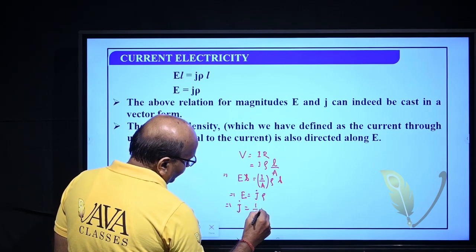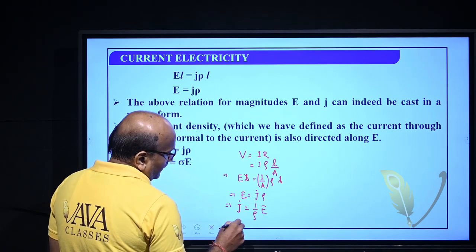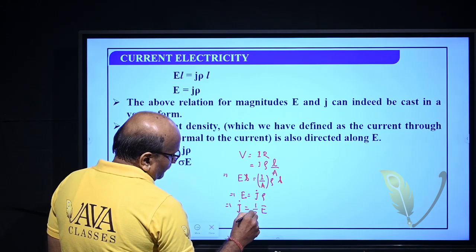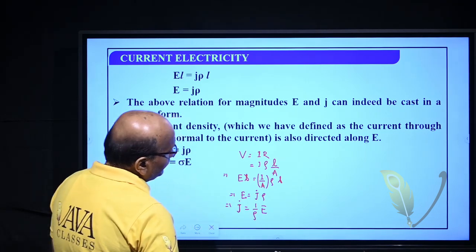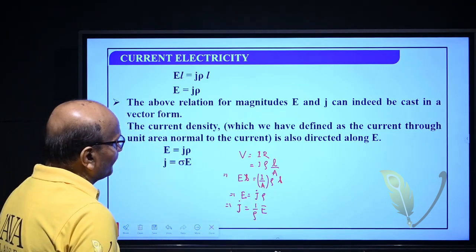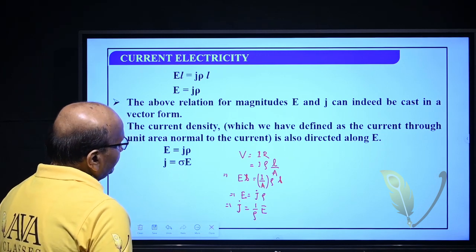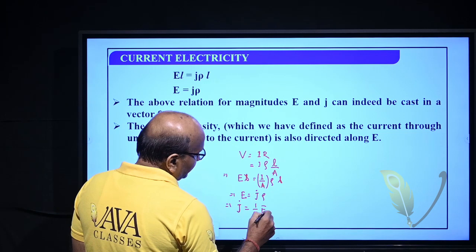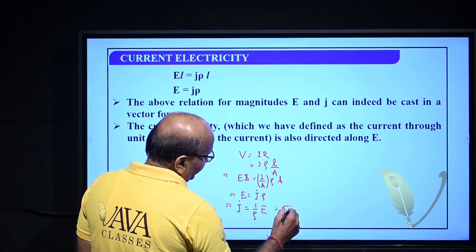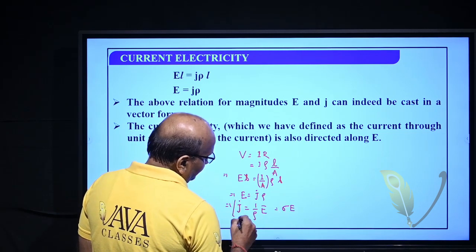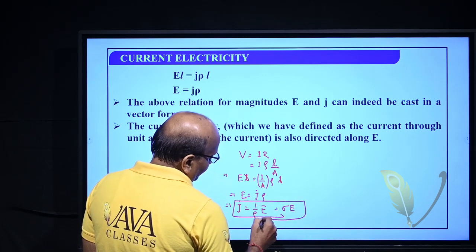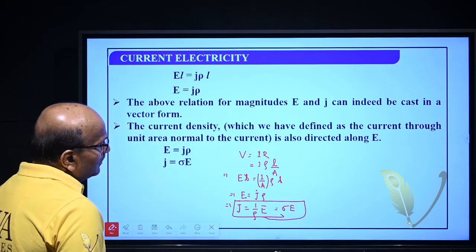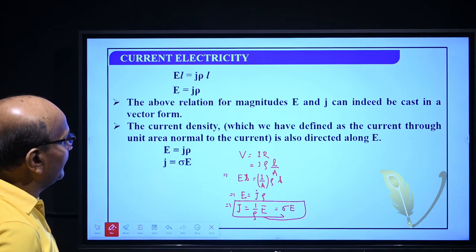That implies J is equal to 1 by rho into E. Rho is called the resistivity of the conductor, and 1 by rho is sigma, the conductivity. So J is equal to sigma into E. Current density is equal to conductivity into electric field.